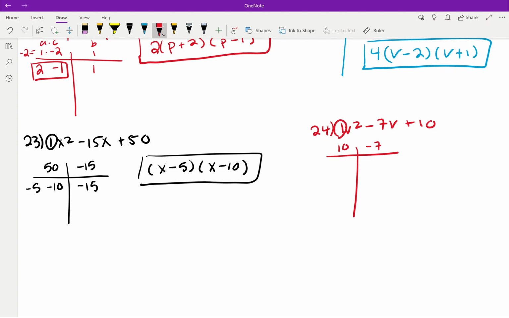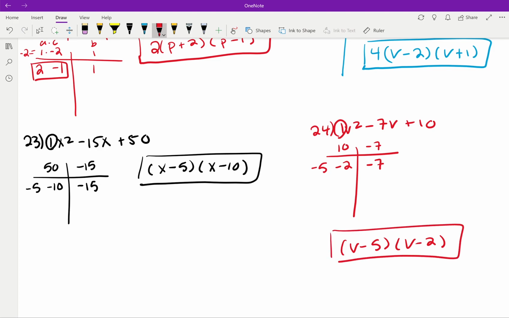That would be negative 5 and negative 2. Because a negative times a negative will give us a positive 10, and negative 5 plus negative 2 will give us negative 7. So my answer is v minus 5 and v minus 2. And since I don't have a GCF to put in the front, this is my answer.